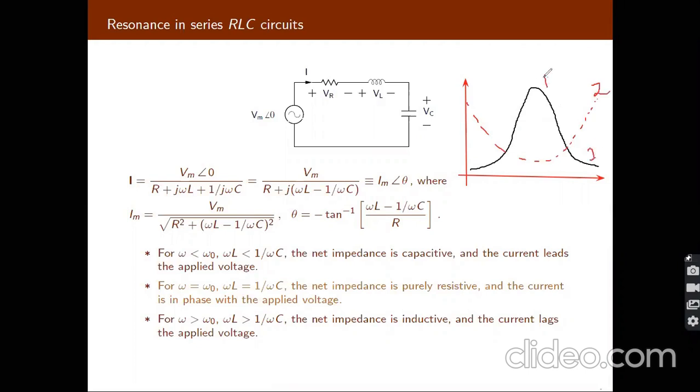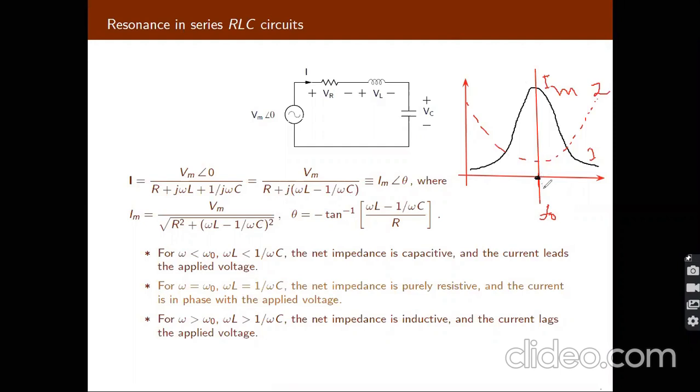This is the current. So at resonant frequency, we are going to have the maximum current. This point especially indicates resonant frequency.